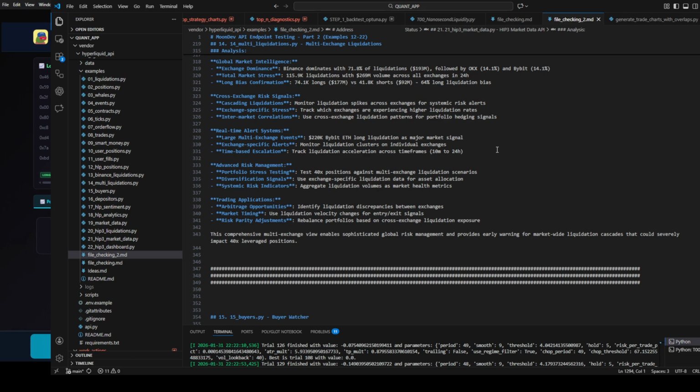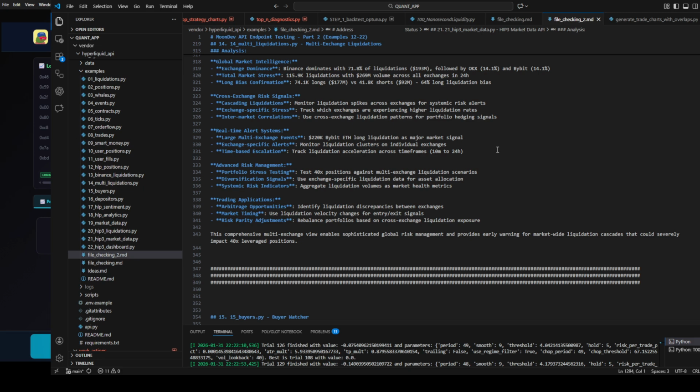That's what I'm doing with my backtest, guys. Diversification signals: use exchange-specific liquidation data for asset allocation. Systematic risk indicators: aggregate liquidation volumes as a market health metric. Trading applications, arbitrage opportunities. Here we have it again, arbitrage. Identify liquidation discrepancies between exchanges.